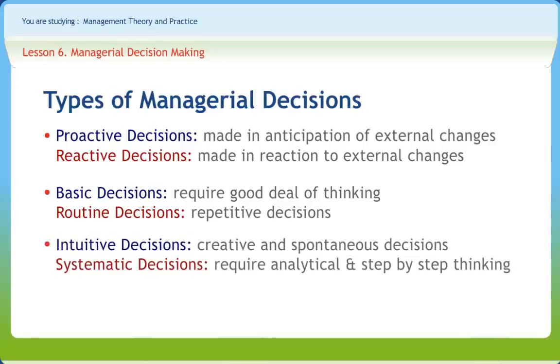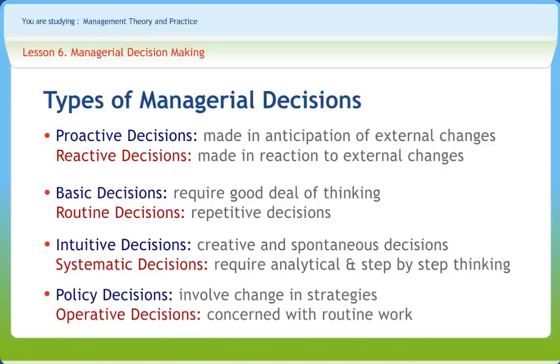Then there are intuitive and systematic decisions, under which a manager either goes by gut feeling or approaches the problem to take a decision in a step-by-step and analytical fashion. The managerial decisions may also be policy decisions and operative decisions. Policy decisions involve change in strategy, while operative decisions are concerned with routine work.